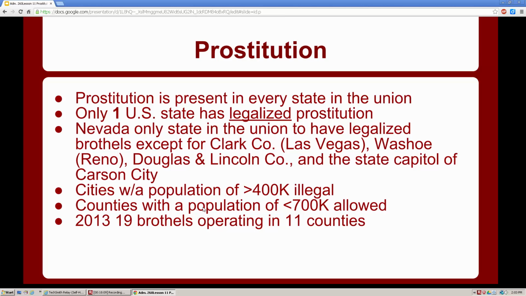It's up to the individual counties to vote on whether they want legalized brothels in their county. So currently, as of 2013, 19 brothels are operating out of 11 counties in Nevada.